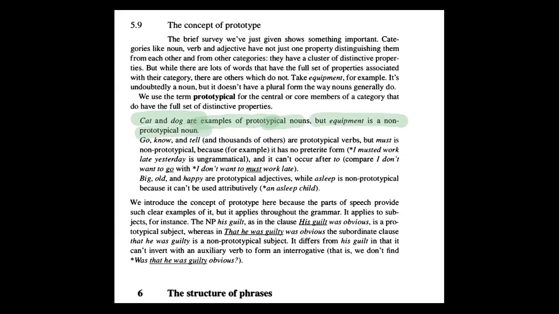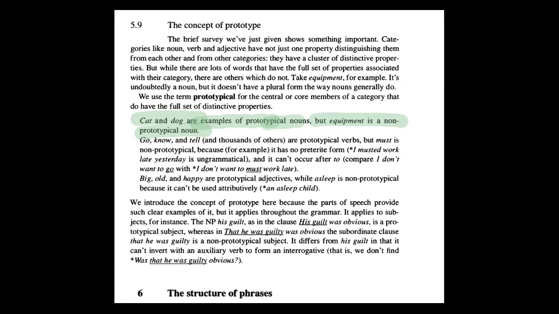Cat and dog are the same prototypical type of noun, which is the name of something. We have common noun, proper noun, and pronoun, which we mentioned in our previous lecture. Cat and dog are the prototypical nouns of the names of animals, which is common noun, while equipment is something different.